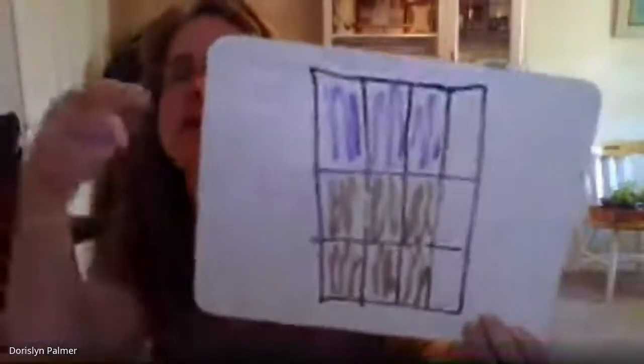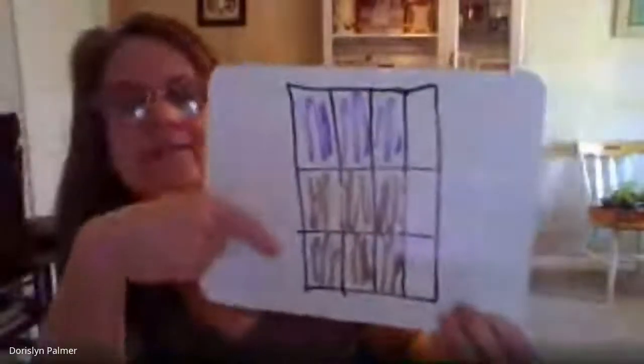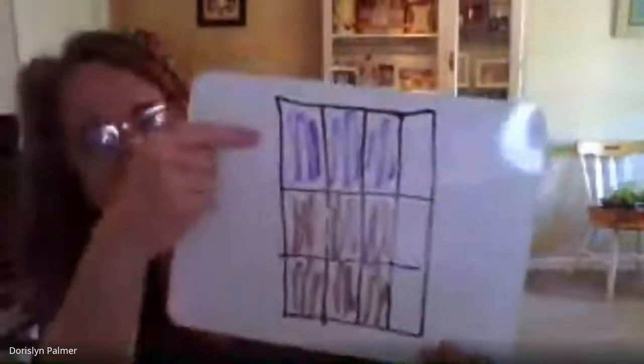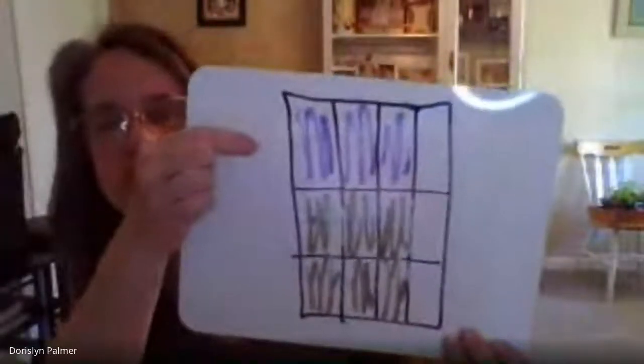So Lily, look at the 3 rows going down. If you look at these, one of them is shaded a different color, just one of them. So we're going to call that 1/3, because 1 out of 3 rows is colored. In your book, it's a light green, 1/3.